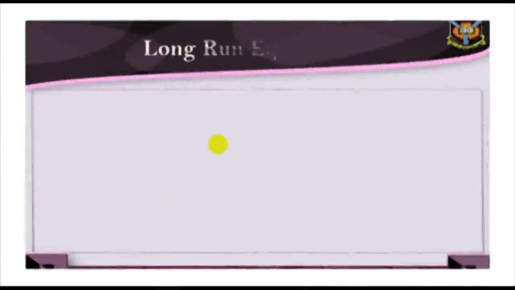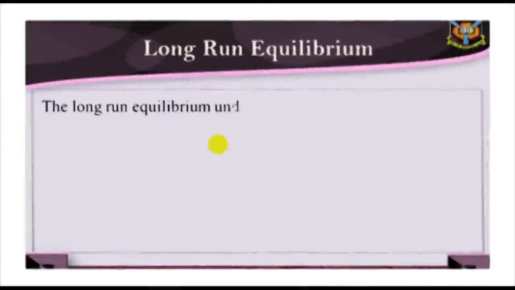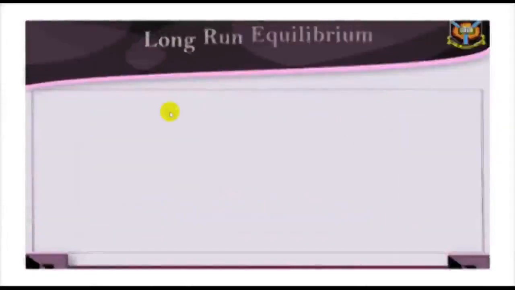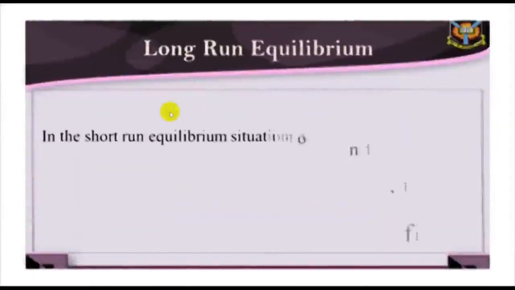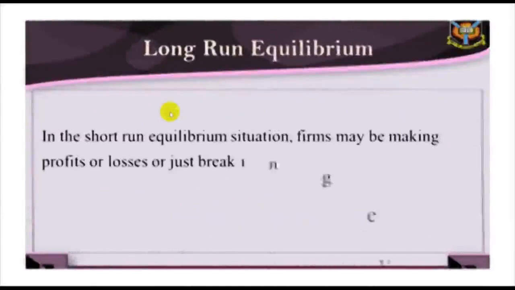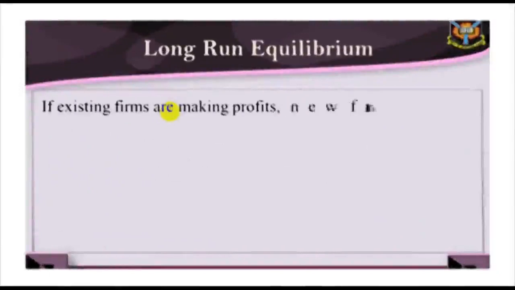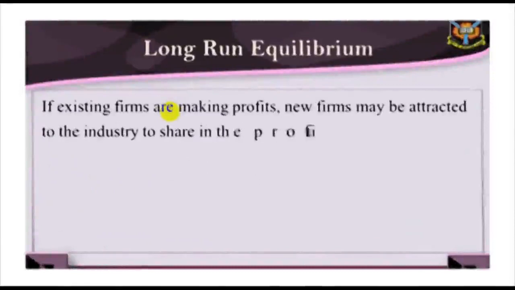Long-run equilibrium. The long-run equilibrium under perfect competition is characterized by free entry and exit. Earlier, we have said that in the short-run equilibrium situation, firms may be making profits or losses or just breaking even. If existing firms are making profit, new firms may be attracted to the industry to share in the profit.